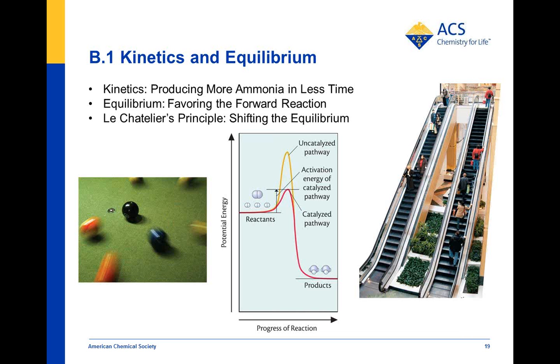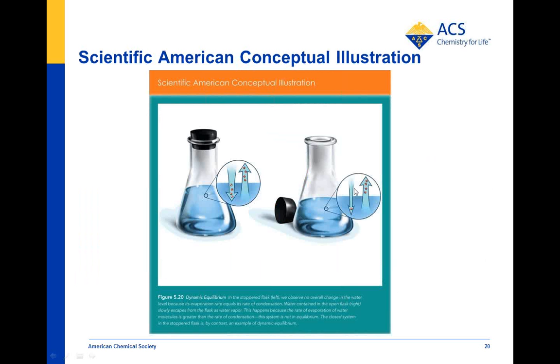You notice the reactants and products are there, reviewing, trying to picture things at that particle level. This is one of the Scientific American pictures that is so excellent in helping students look back at this particle level.